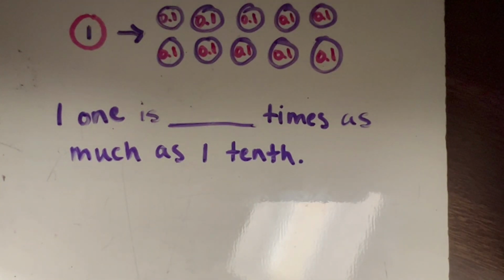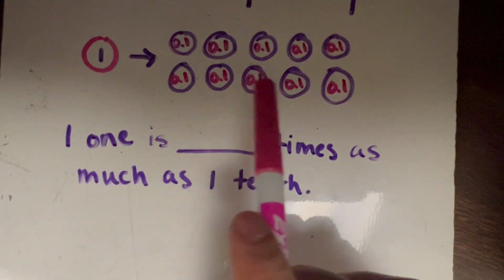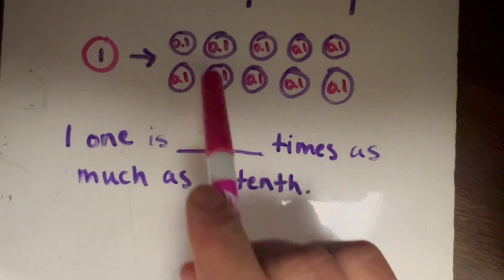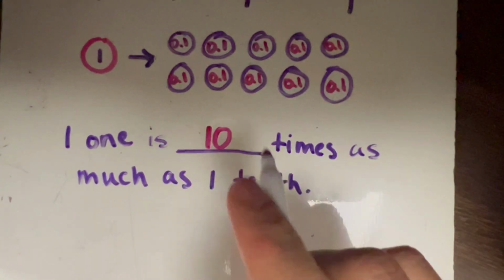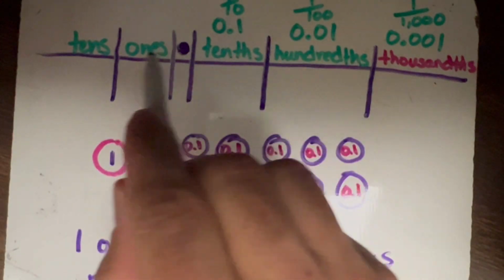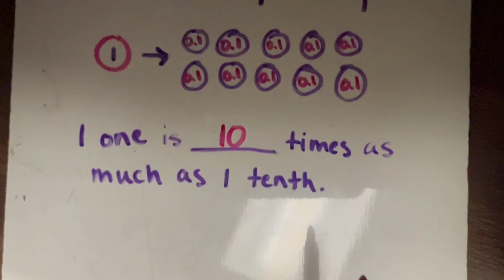And by looking at this picture, you can tell that if you have 10 dimes, 10 tenths, that equals one whole. So we're going to write 10 times. And if you look up the place value chart, that's because we're one place value away, even though we're jumping over the decimal place value there.